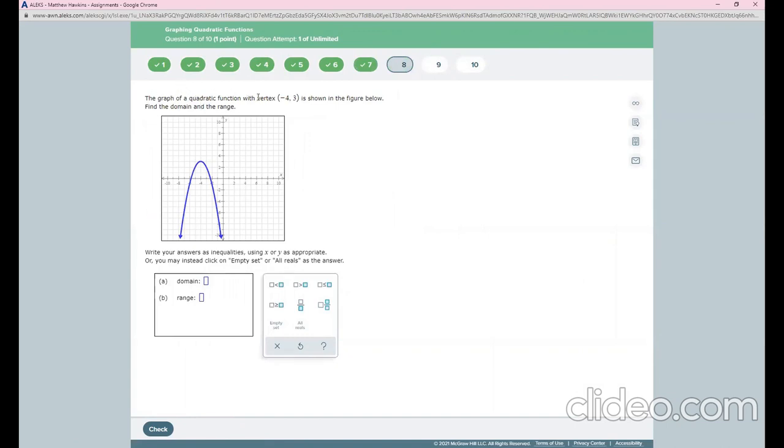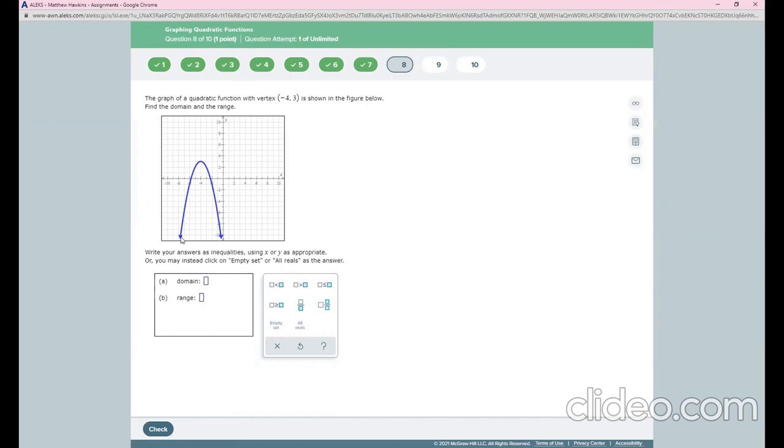All right, so we have the graph, we have the vertex -4, 3. It says state the domain and range of this. Remember, whenever we have a parabola, the domain is all real numbers, but how we can tell: domain goes left to right. As you read this graph from left to right, the first thing we hit is an arrow pointing left. It's pointing down also, but for domain, we're just caring about the left and right aspect.